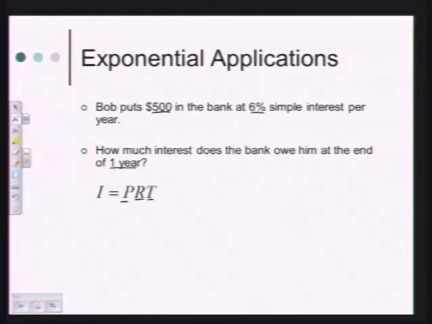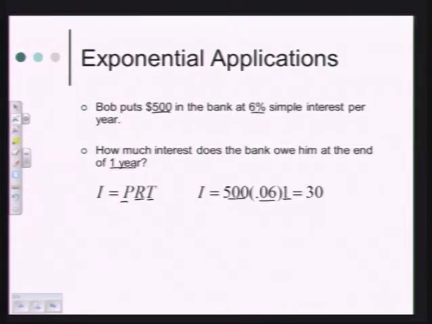And so Bob's interest will be $500 P times the rate, 0.06, times 1. Notice with the rate in our formulas, if it's 6%, we need to write that as a decimal form, 0.06. And he will get $30 interest at the end of the interest period, which is 1 year.